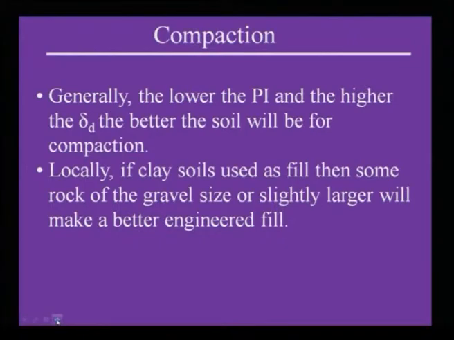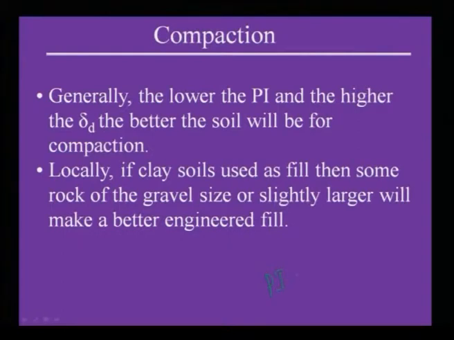The plasticity index, PI, is equal to liquid limit minus plastic limit. A lower plasticity index means the clay fractions are less. That means it is possible that you will get higher relative density and the soil will be better compacted.